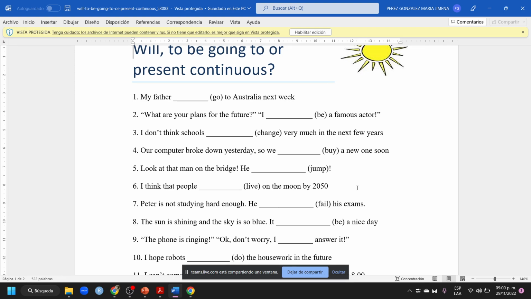My father is going to start next week. What are your plans for the future? I'm going to be a famous actor.